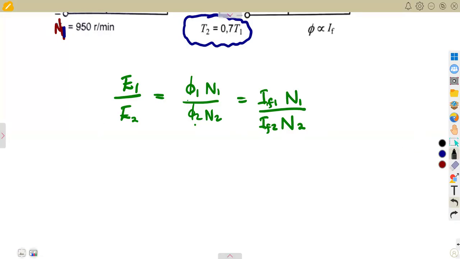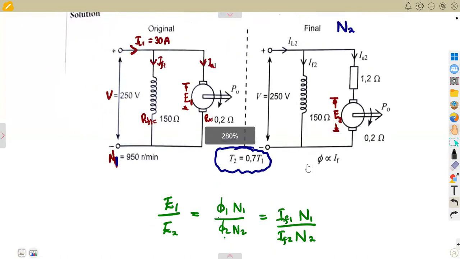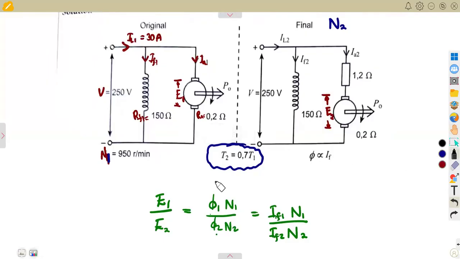So the question is, what are we having? What are we asked to calculate? Let's be together on this question. This is the flux. In this case, we do not have anything related. But as you can see, there is a higher opportunity of calculating the field current. Remember your shunt current: the field current there is the shunt current. When we're dealing with a shunt motor, how are you calculating the shunt current? You still need that information of your shunt motor, the same way as if you're working with a series motor.